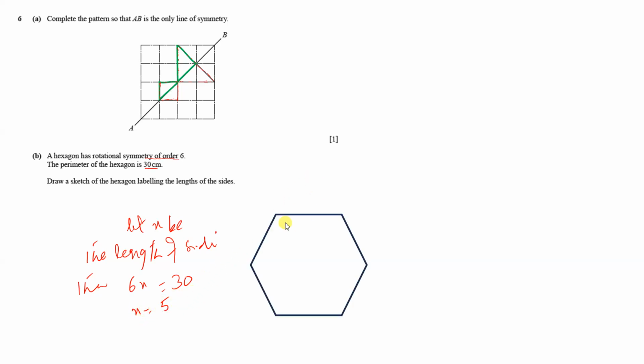So let's draw the regular hexagon with every side, length of every side is 5 centimeters. So this is the hexagon which has rotational symmetry of order 6.